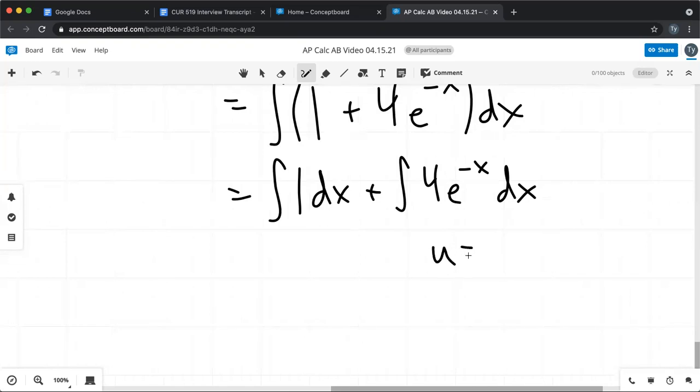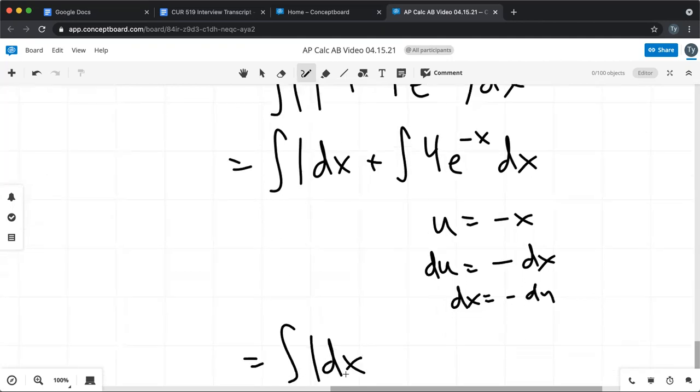So let's make u equal to negative x. So when we take du, we get negative dx, which means that dx is negative du, right? Just multiply -1 to both sides. All right, and now only for this part, let's plug in our u and our dx. Let's keep this one the same.